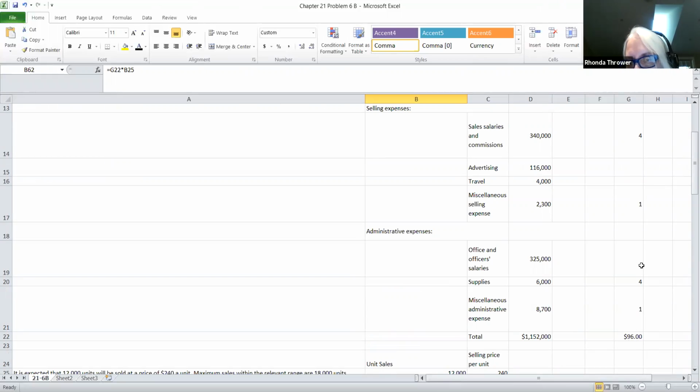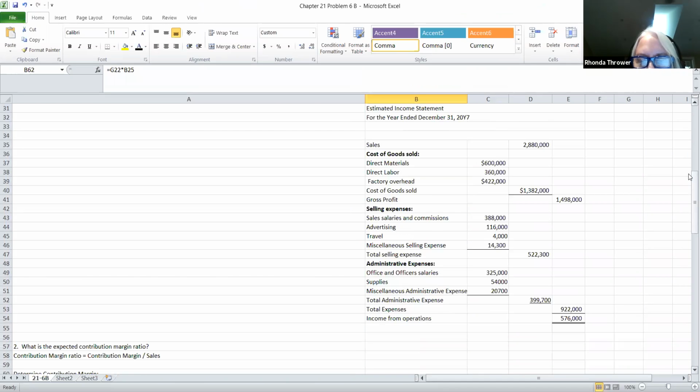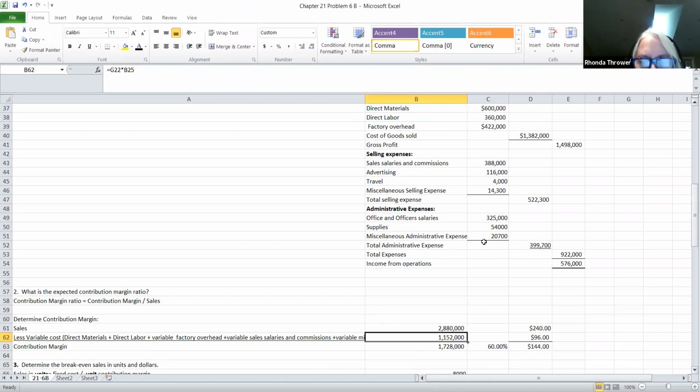That's all of these individual department costs added together. The $96 times the 12,000 units sold will give you the total variable cost.